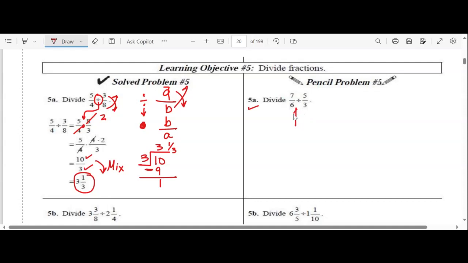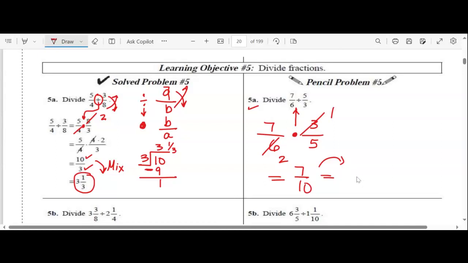What's the first step you should do? Multiplication. Well, first step, convert it to multiplication. So this becomes what? Can I cancel? Cancel what with what? What are you going to get? 2 and 1. Can I cancel 7 and 5? No. So what are you going to get? 7 over 10. And then you convert this to what?